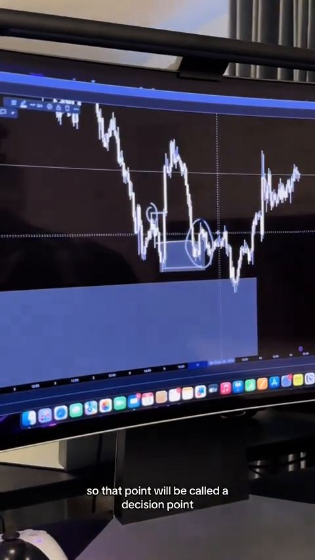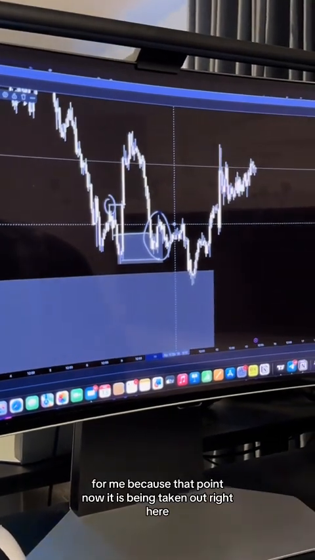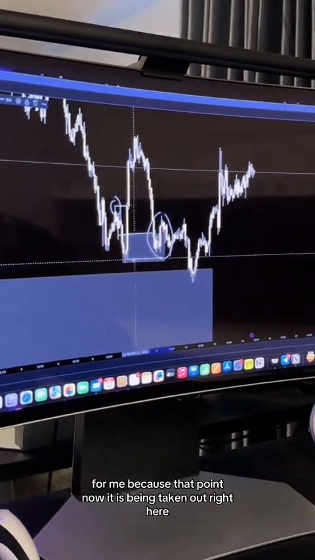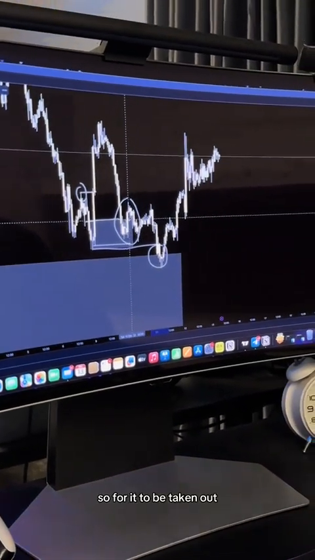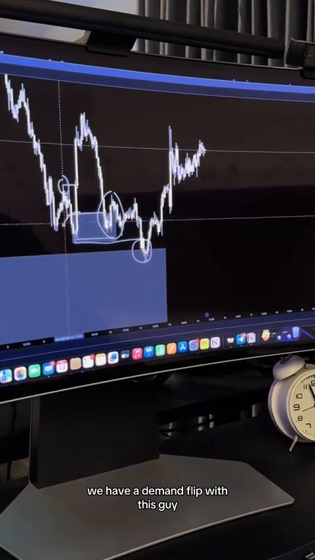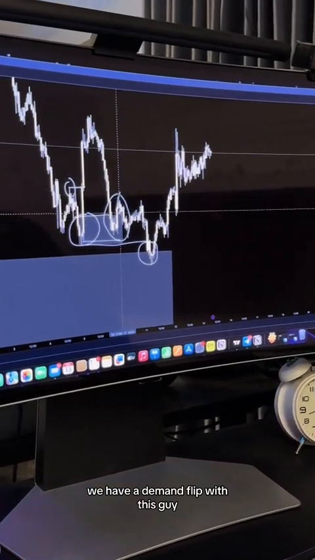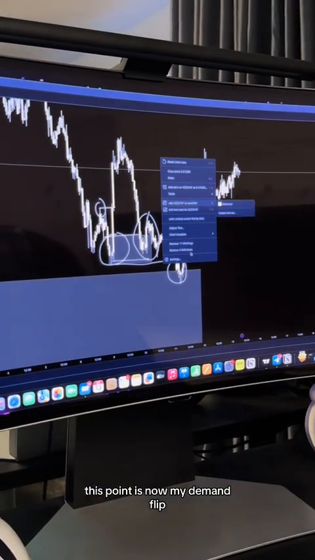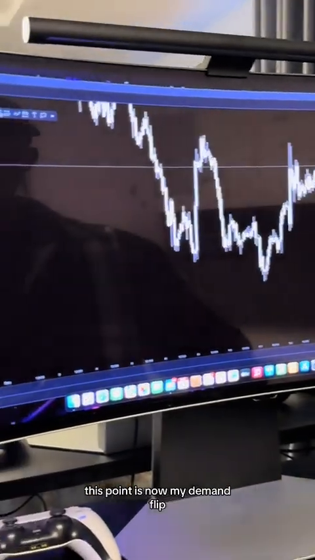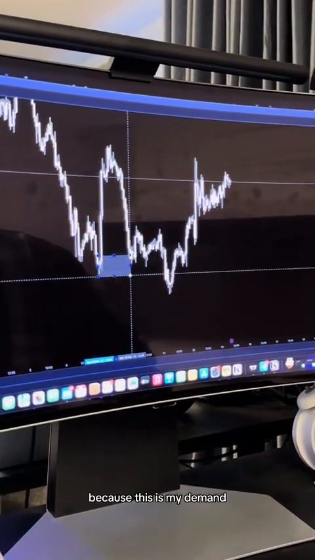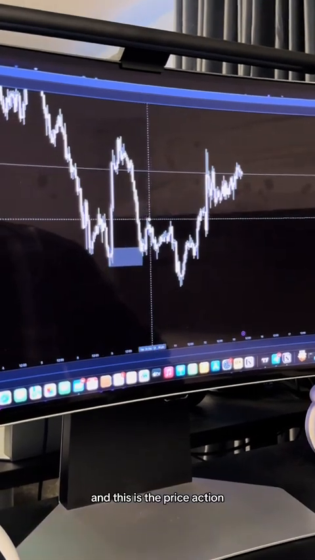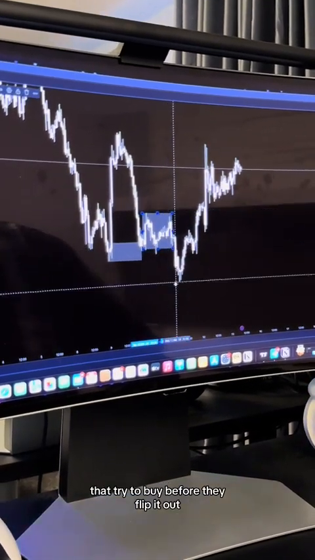So that point will be called a decision point for me, because now it is being taken out right here. So for it to be taken out, we have a demand flip with this guy. This point is now my demand flip, because this is my demand and this is the price action that tried to buy before they flipped it out.